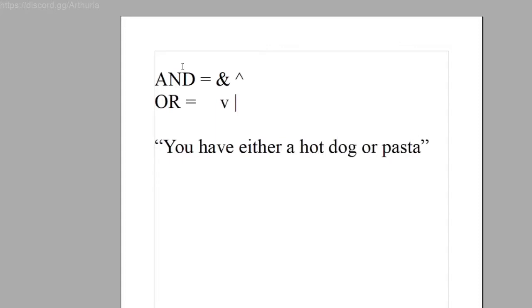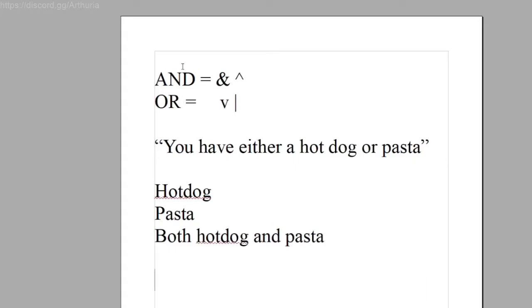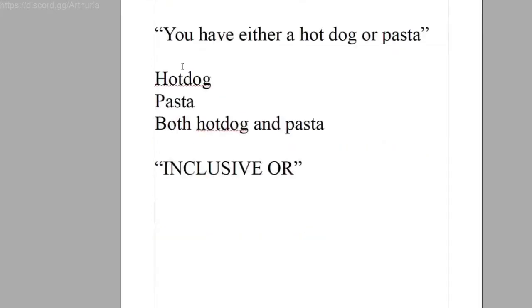Now, what makes this statement true is either you have the hot dog, you have the pasta, or you have both hot dog and pasta. This is what's called inclusive or. It's inclusive because of this both hot dog and pasta case.